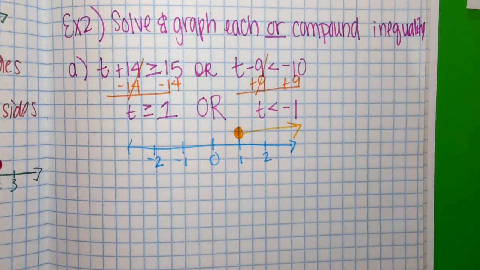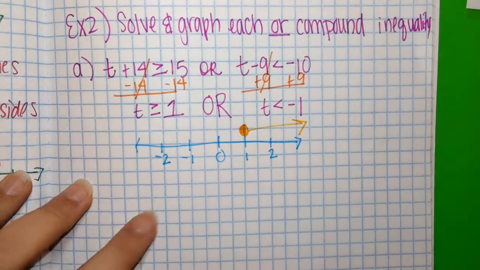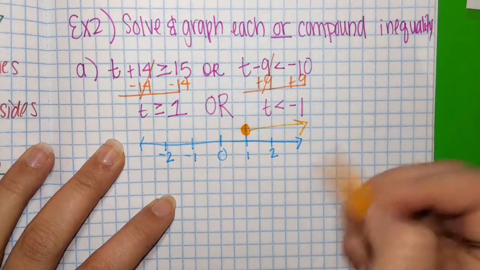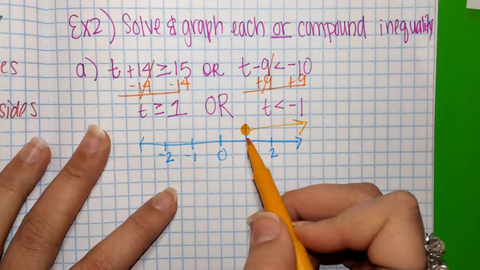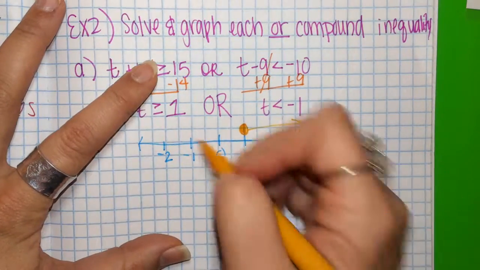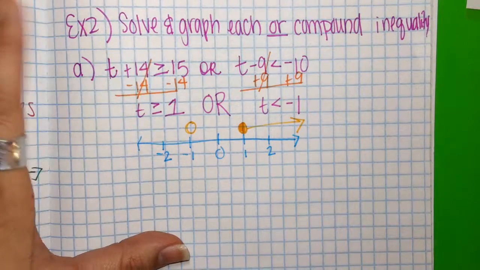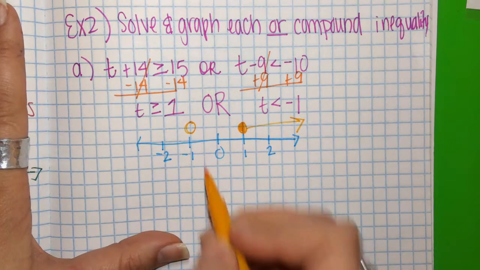Jorge, open or closed circle on negative 1? Abierto. So open or closed? Okay. Are we going to shade to the left or to the right? A la izquierda, maestra. Okay.